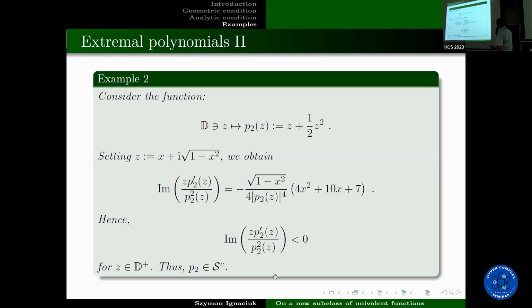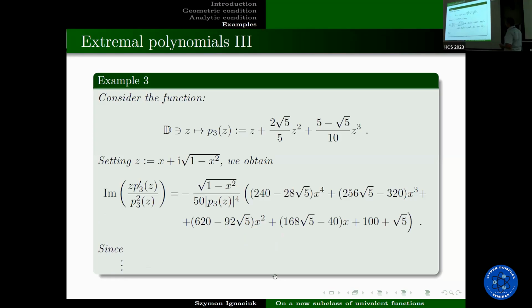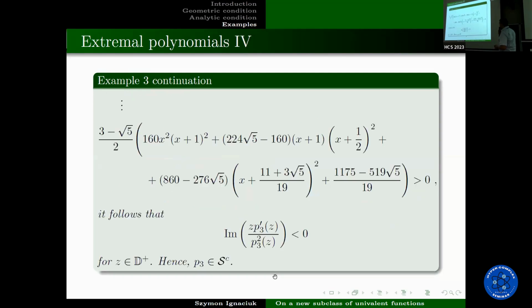We compute the imaginary part of this expression. Here we got this minus. Here we got something which is obviously positive. This is also positive, so hence the imaginary part of this expression is less than 0, and P2 belongs to our class C. In a similar way, we prove that P3 and P4 belong to our class.